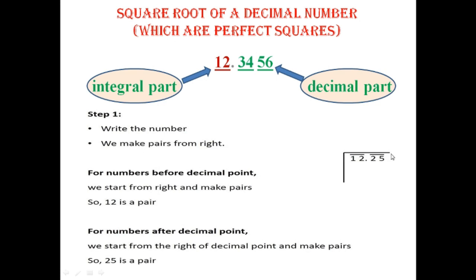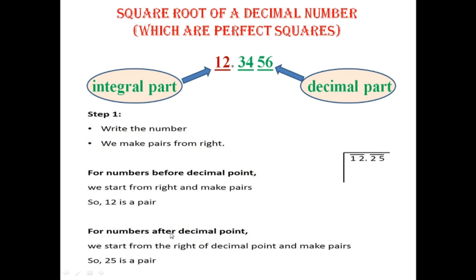But now in decimal numbers, first of all you will make pairs for the numbers before the decimal point. We start making pairs from right and move to the left, like this.